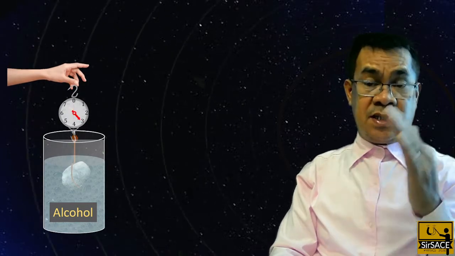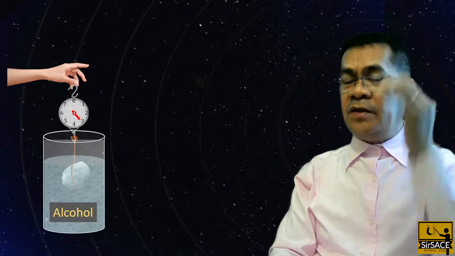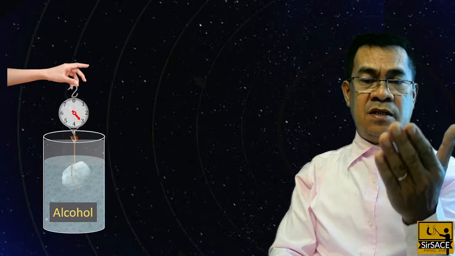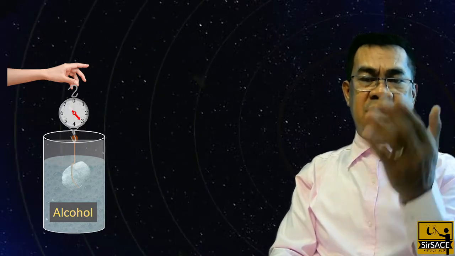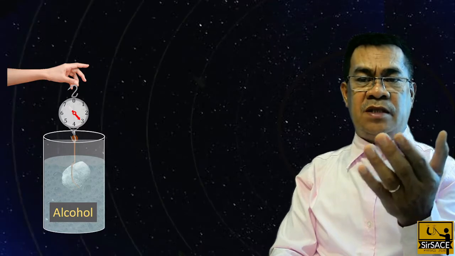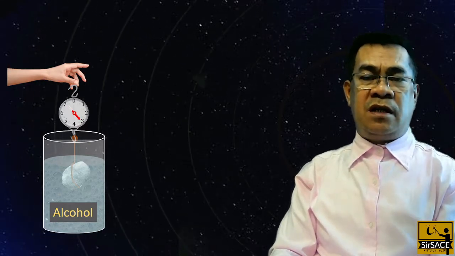It decreased, meaning the amount of force exerted on the string, which is the weight of the stone, is now decreased. The weight of the stone in alcohol is smaller compared to the weight of the stone in air.